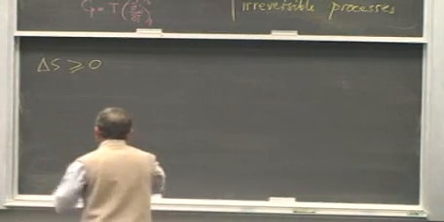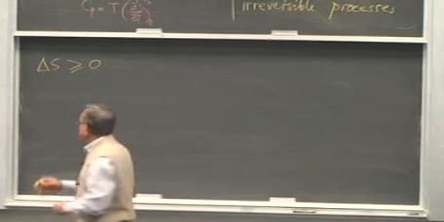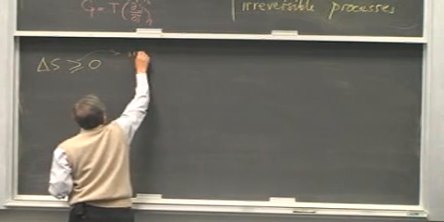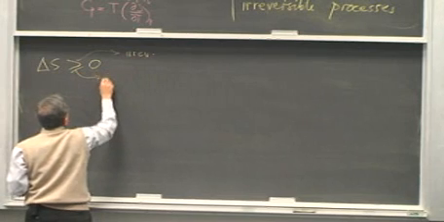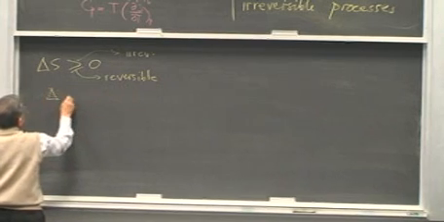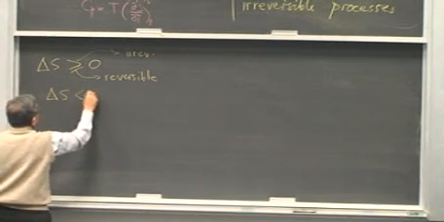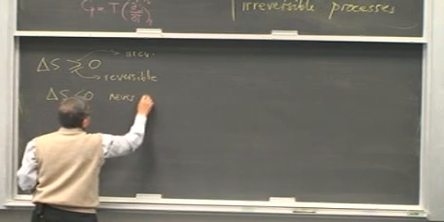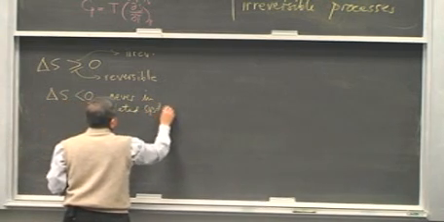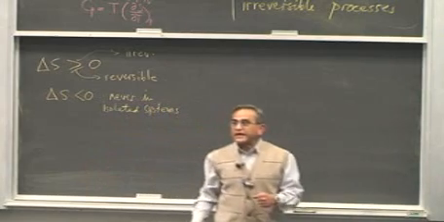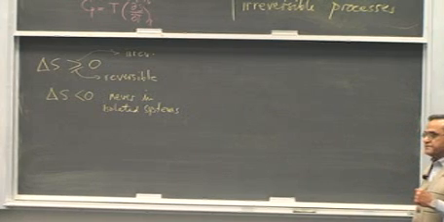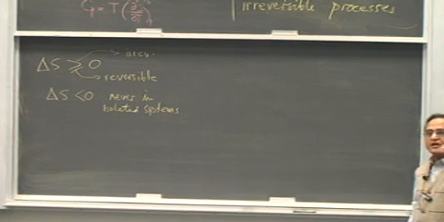I'm just trying to turn this into a law of nature by saying delta S is greater than 0 for irreversible processes and equal to 0 in reversible processes, and delta S can never change negatively in isolated systems. So I'm therefore enunciating a law of nature.